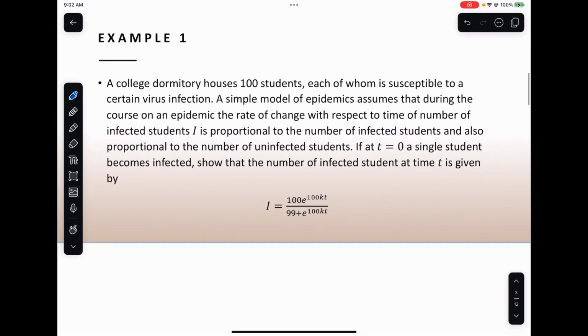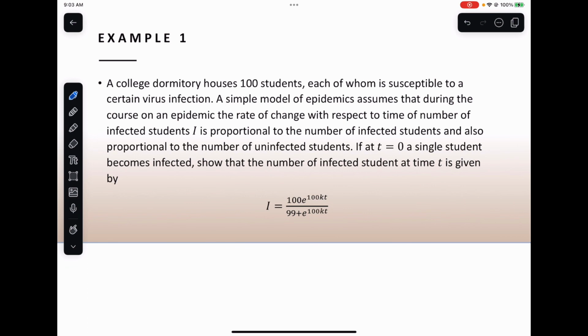For example, a college dormitory houses 100 students, each of whom is susceptible to a certain virus infection. A simple model of epidemic assumes that during the course of an epidemic, the rate of change with respect to time of the number of infected students I is proportional to the number of infected students and also proportional to the number of uninfected students.